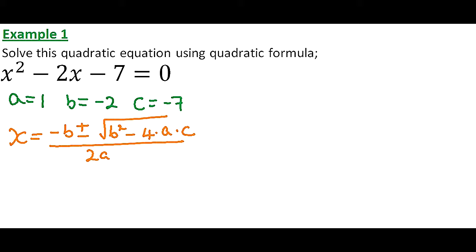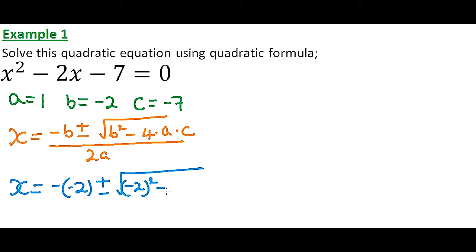We now substitute our constants here, that is for a, b and c, and we say x equals minus, our b is minus 2, so we have minus minus 2 plus or minus the square root of minus 2 in brackets squared minus 4, our a is 1 and our c is minus 7, so minus 7, close the bracket, all this divided by 2 multiplied by our a, which is 1.